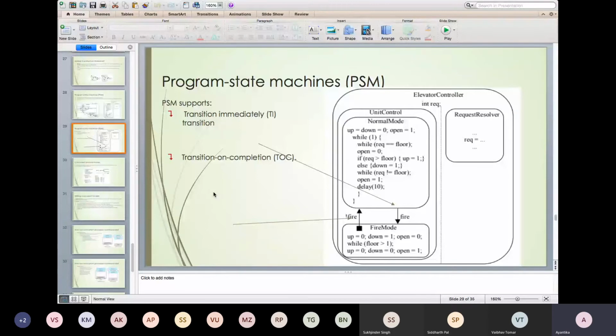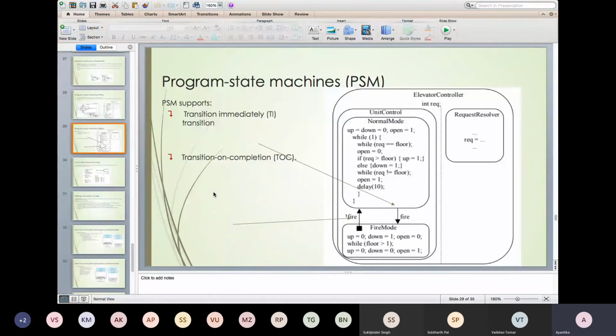So these are the two concepts of transitions we have to consider when we are designing different types of modes. And importantly, if my software is not supporting these, this constraint we have to add to our design. So here, the PSM state machine is a different representation where you can see that there is a black box inside fire mode.